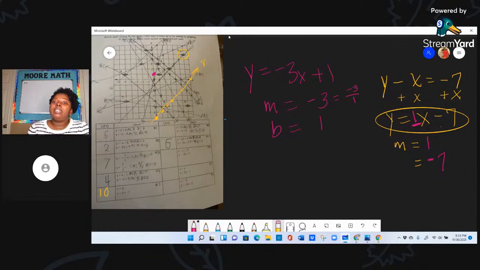Okay. What does this tell me I'm going to do? So I have a dot at 1. Where am I going? Down 3, to the right 1. Good. Okay, we're going down 3 to the right 1.